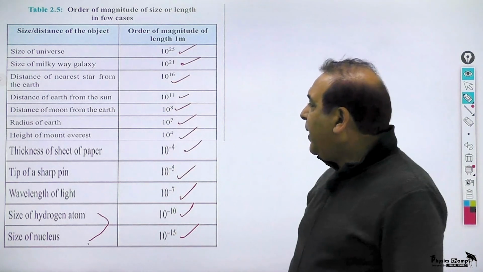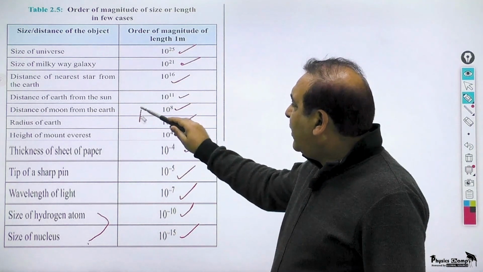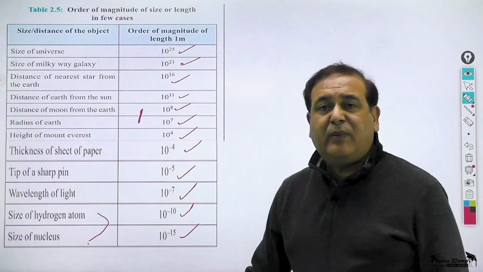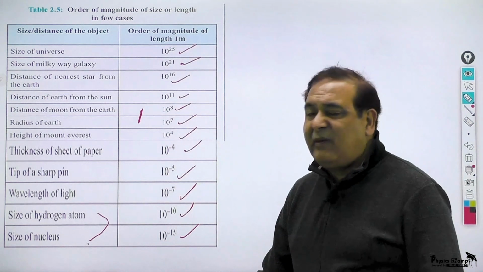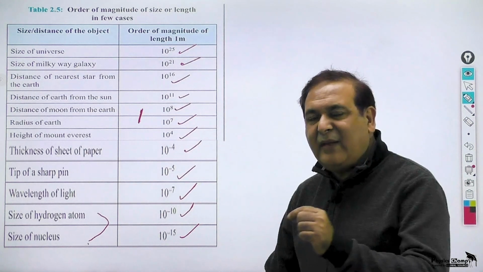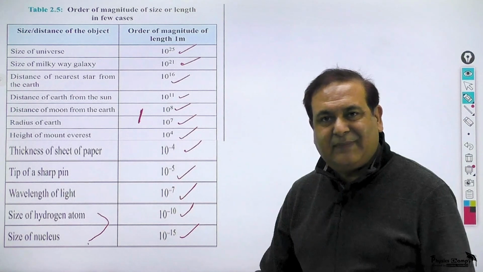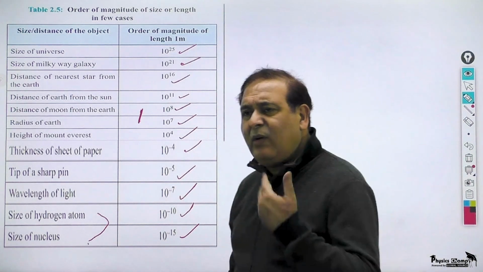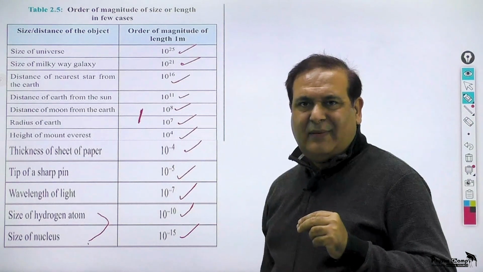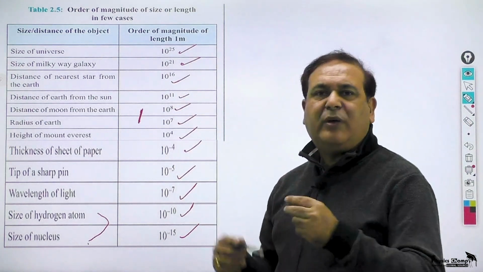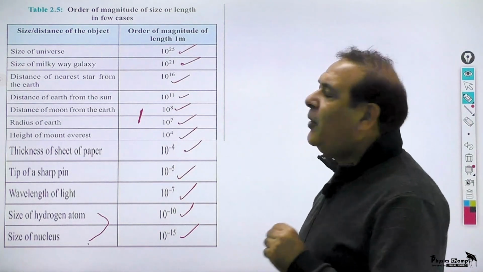If you compare the radius of Earth and the distance of Moon from Earth, you can say the distance of Moon from Earth is 10 times the radius of Earth. So that's how you can always make a quite close comparison between two things with the help of order of magnitude.